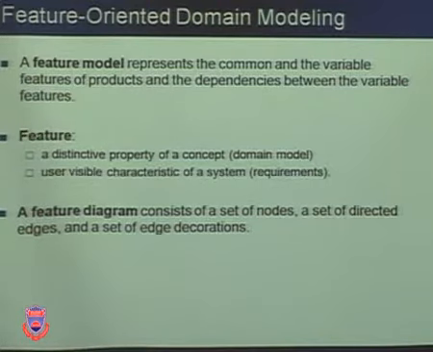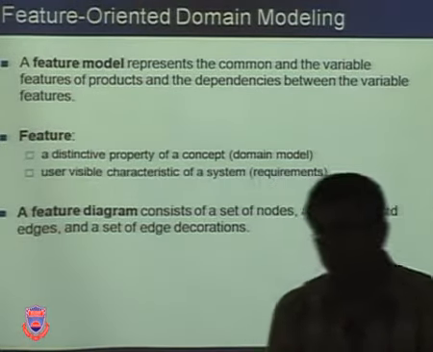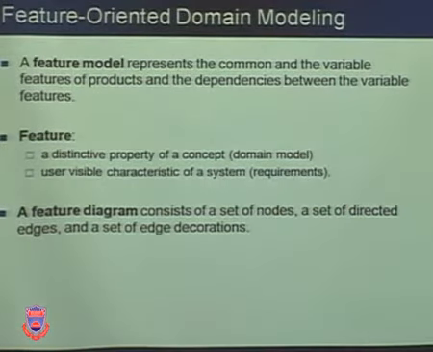A feature diagram is in essence a tree consisting of a set of nodes and edges. The nodes are concepts or features or properties of concepts. And what's a feature? There are actually two definitions. Either it's a distinctive property of a concept in the domain model, or a user-visible characteristic of a system.